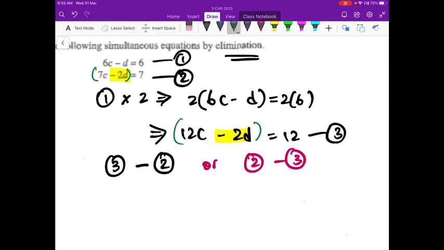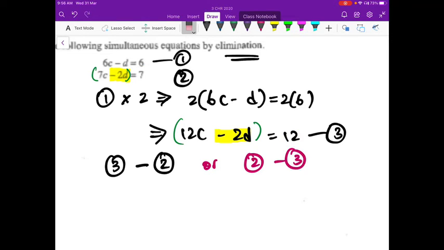If I were to take away 7C minus 2D, I will end up with 5C. And on the other side, my 12 minus 7, I will get a positive number, which is what I prefer. But it doesn't matter. Even if you use 2 minus 3, you will get negative number. Never mind. Eventual answer is still the same.